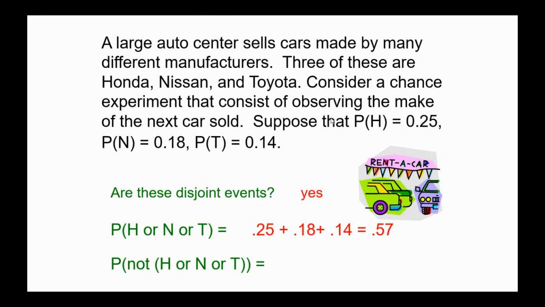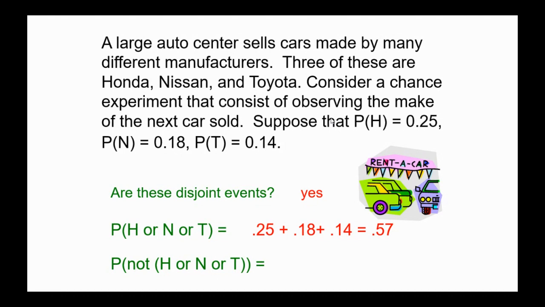So the probability that I could sell them is 0.57. The probability that I can't sell any of them would be 1 minus that probability. That goes back to our complement rule. And the fourth property, I think it's the fourth.